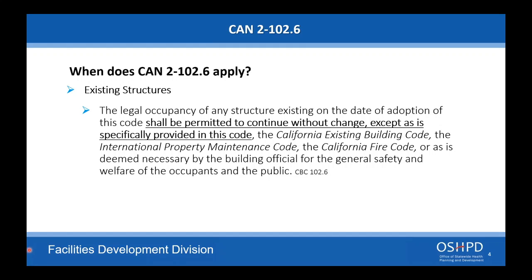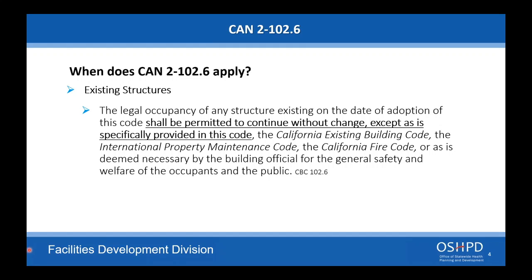So basically what that's telling us is that if a building is built in compliance with the code in which it was permitted, it can remain in use as is indefinitely, unless a specific provision comes up. It's typically like fire life safety or any safety stuff. A good example of that is the Alquist Act that required existing hospitals to be upgraded seismically.